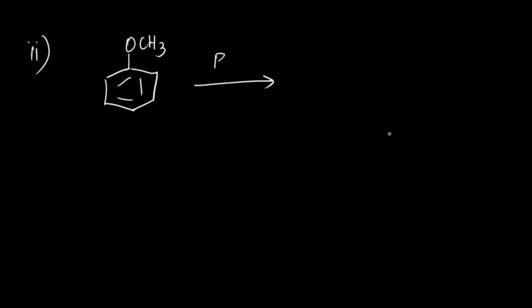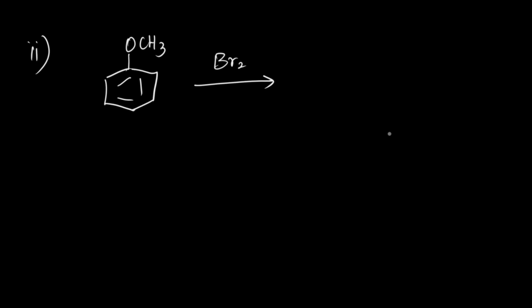The next part, that is electrophilic aromatic substitutions, we already dealt with this so many times. Here you can see ether that is having an OCH3 group. So the incoming electrophile will go to ortho or para positions.